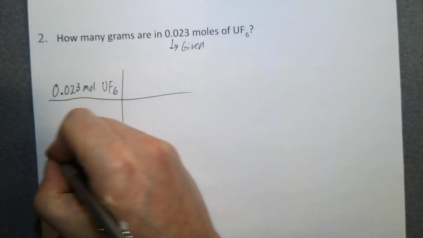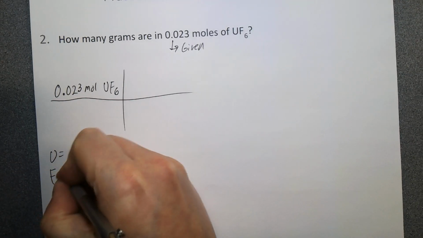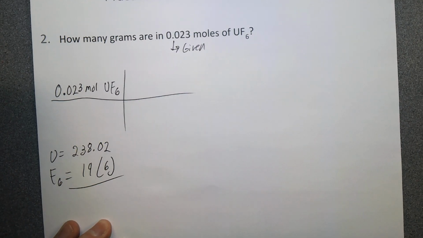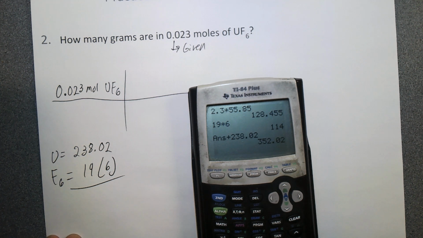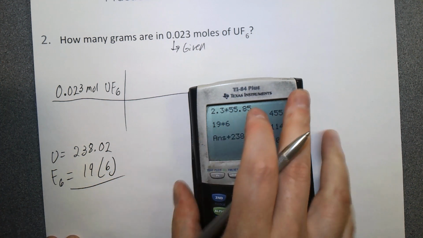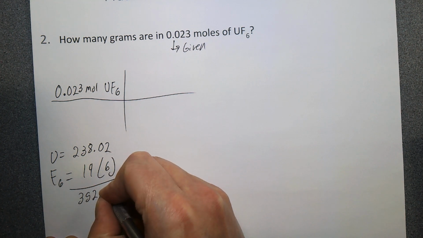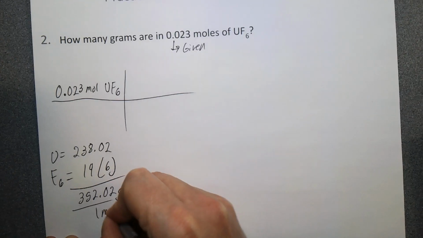So there's our uranium, our U, and then we have F times 6, so 19 times 6. Add it up on the calculator. There's 19 times 6 plus the 238.02. So UF6 has a mass of 352.02 grams for 1 mole.